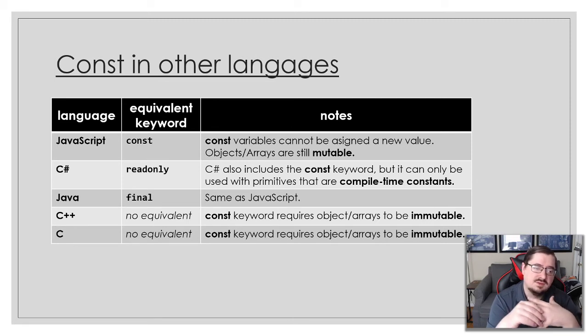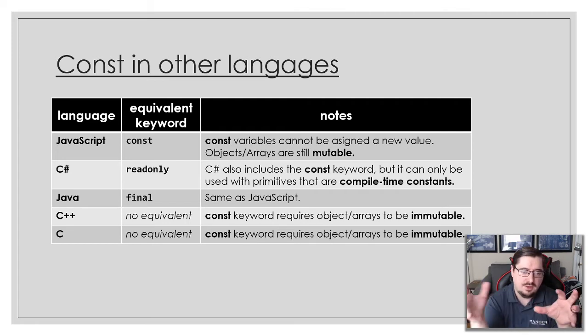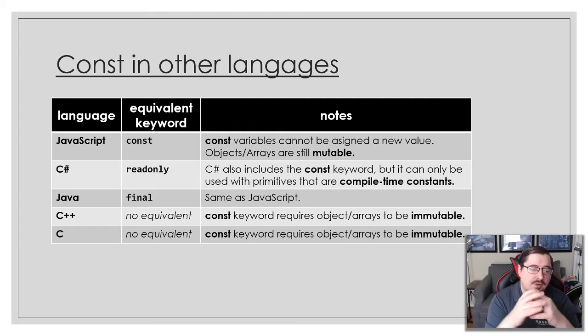So I can't in C# say that an array or an object is const because it would be mutable. On the other hand, readonly has the same meaning as const does in JavaScript, where once you assign a value to it, you can't reassign it, but you can put objects and arrays in there, and they're still modifiable.